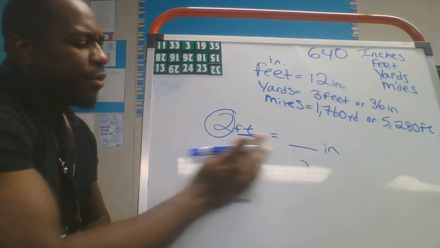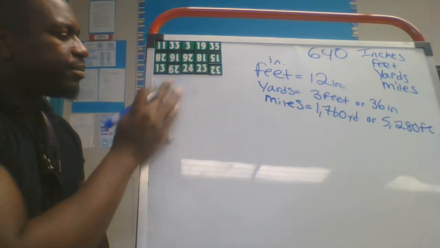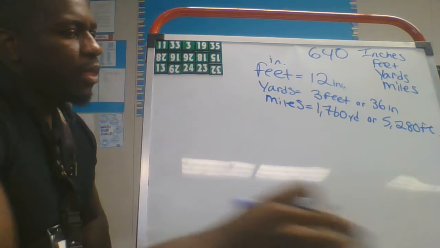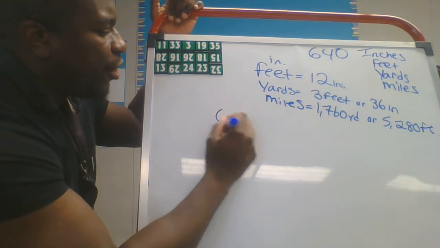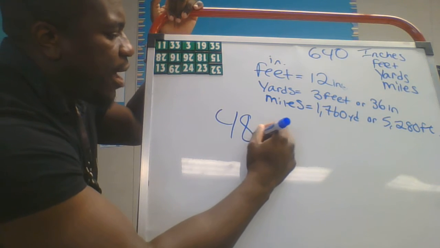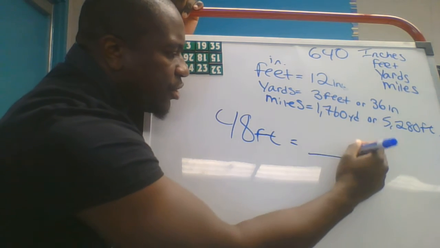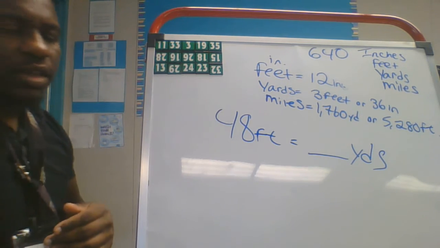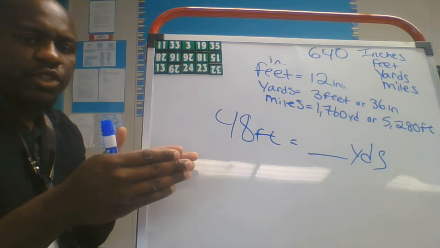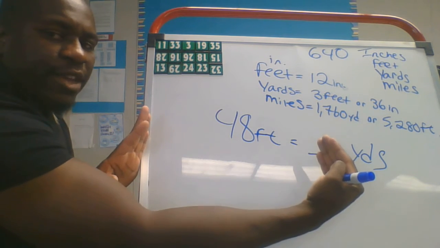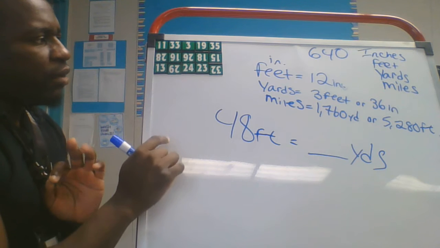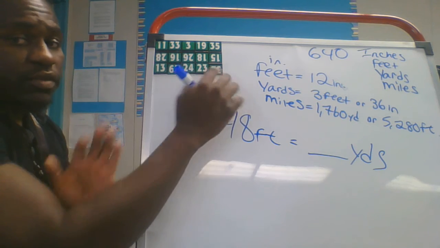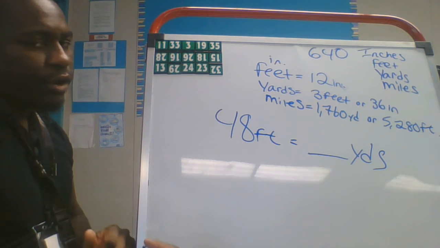Okay, so if we're going the other way around, if I have 48 feet and I want to know how many yards that is, I'm going from feet to yards. I'm going from a smaller unit of measurement to a larger unit of measurement. And our rhyme is butterfly to horse, smaller to larger, divide, of course.